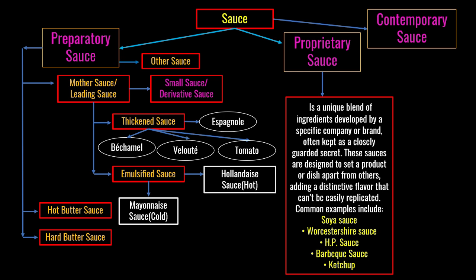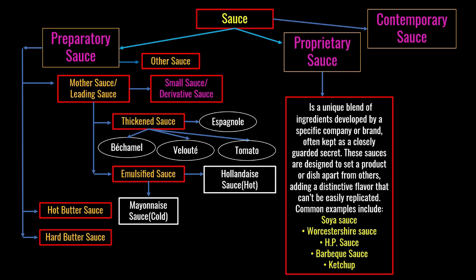These sauces are designed to set a product or dish apart from others, adding a distinctive flavor that can't be easily replicated. The common examples already available in the market are soy sauce, Worcestershire sauce, HP sauce or House of Parliament sauce, barbecue sauce, and ketchup, tomato ketchup.